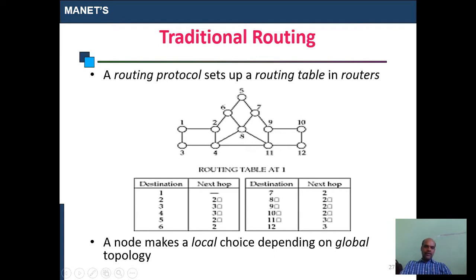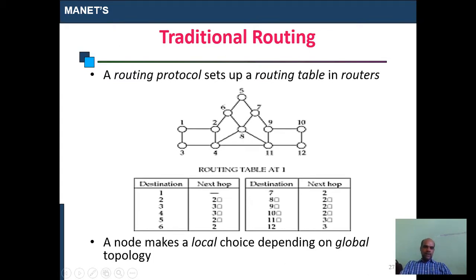And I want to move from 1 to 2. Source is 1, destination is 2. The next hop is itself, 2. The same way for 1 to 3, the next hop is 3. For 1 to 4, there are two possibilities, either via node 2 or via node 3.